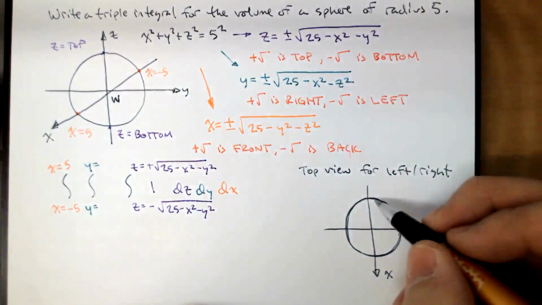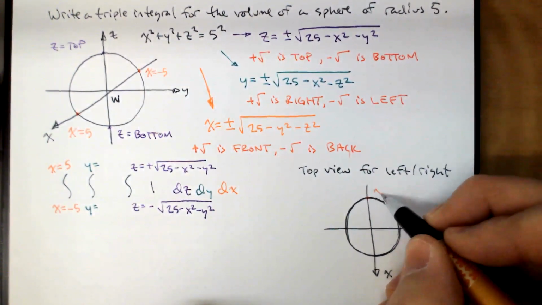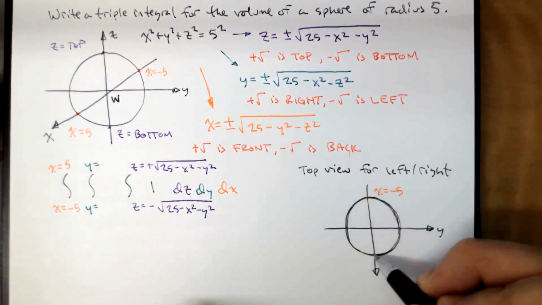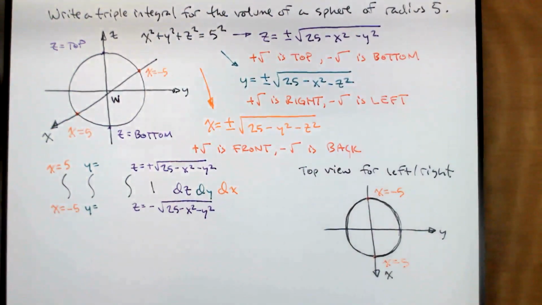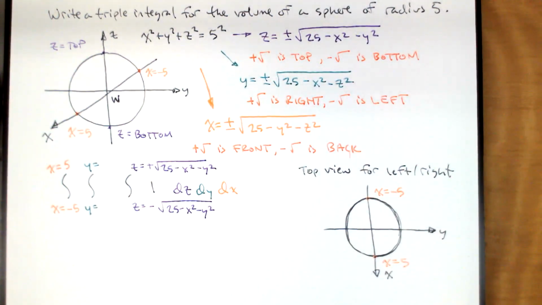And here's where I've got x labeled at -5. And down here, I've got x equals 5. Now we're just looking at all these circles.